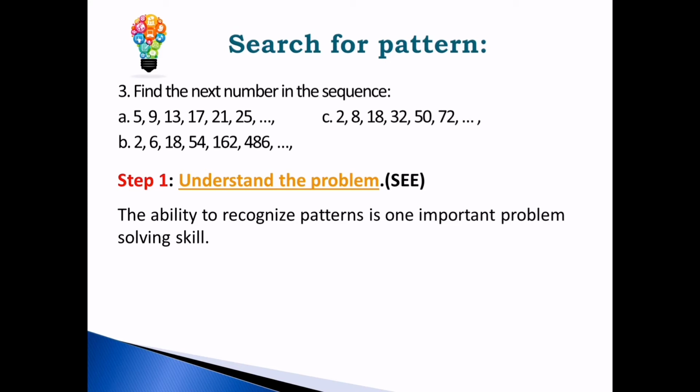In this portion, I am only going to solve with you letter C, but I am going to explain A and B, how we are able to get the answer. Shall we have letter A? If you're going to find the next number, you need to consider the preceding and the succeeding sequence.